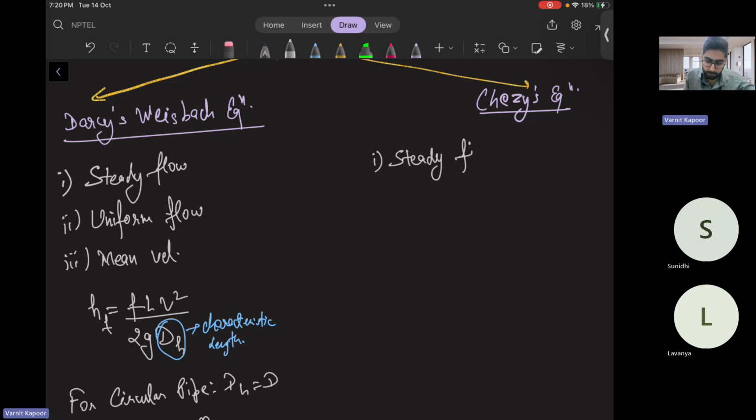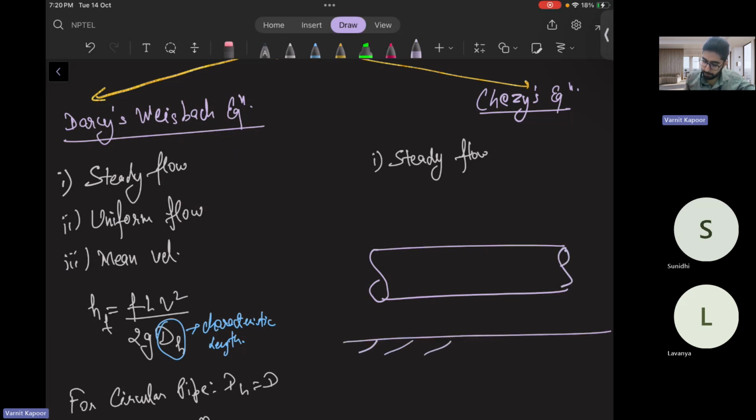steady flow scenarios. Here, suppose you have a pipe flow at position 1.